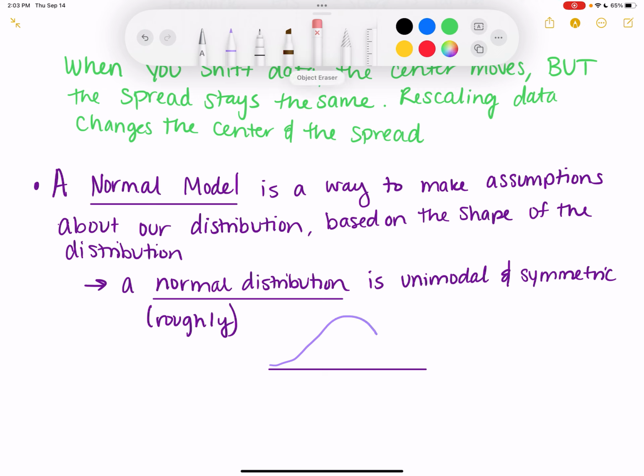Oh gosh, that was not good. And it looks roughly like that. It's a bell curve. Beautiful drawing. Gorgeous. It's supposed to be like a perfect little hill, but mine's definitely not perfect.